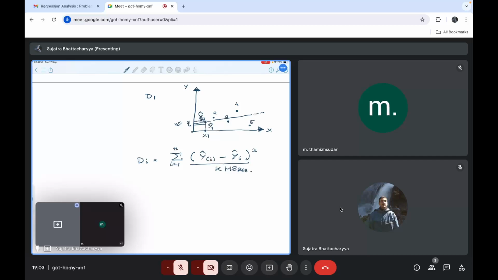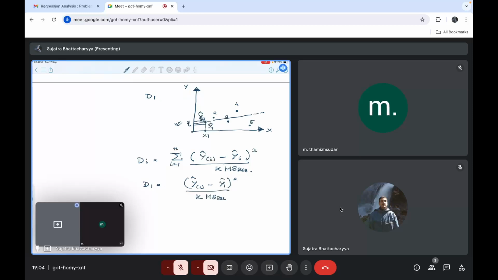This is how it has to be found out. For the d1 case, you will write (y1 hat minus y1 hat bracketed) whole square divided by k into MS residual.